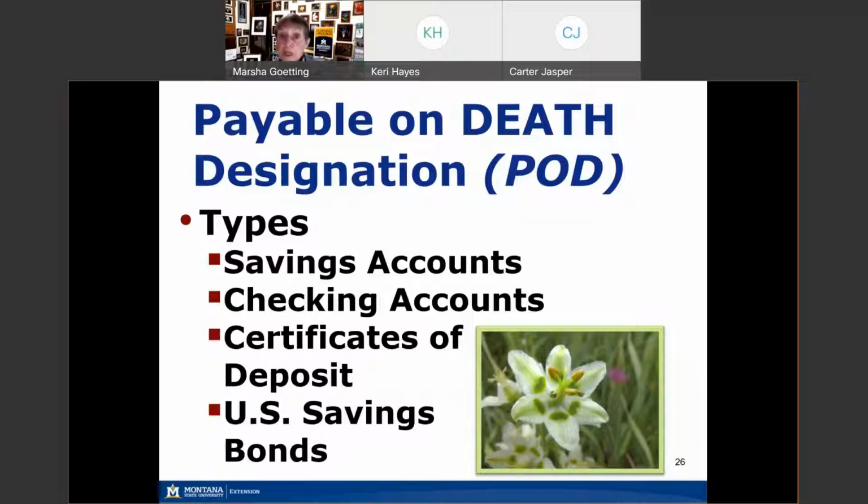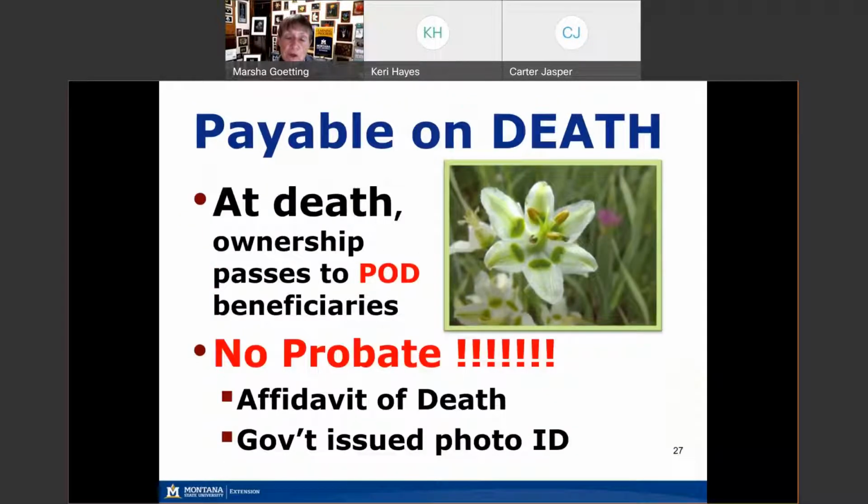You can put a POD on those. Now, as far as United States savings bonds, however, they will only allow one. The others can have as many as you want to have. So the advantage of having a POD is that there is no probate.